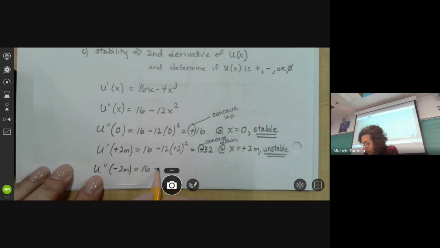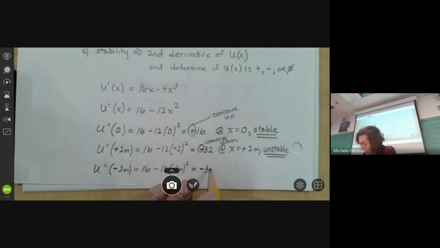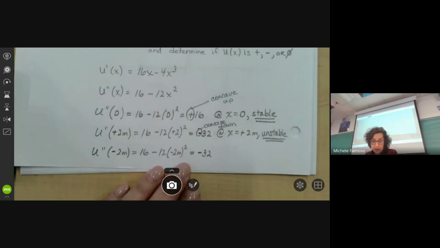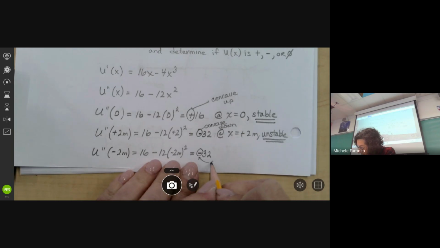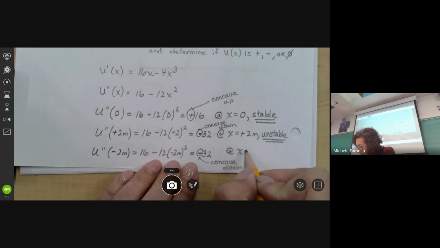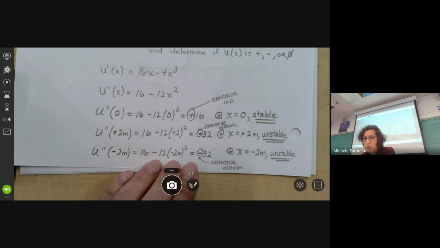So 16 minus 12 times negative 2 meters squared. That's also going to give me negative 32. Again, because it is negative, that tells me the graph here is concave down. And what we know is that when the graph is concave down, that means that is an unstable equilibrium position.